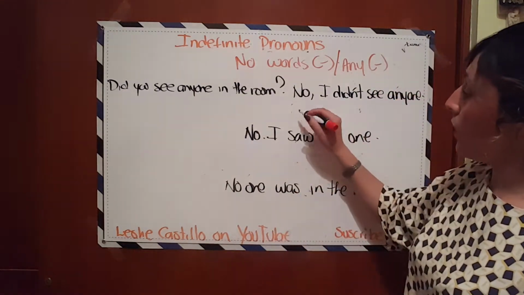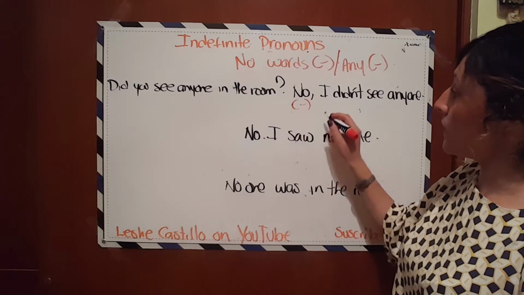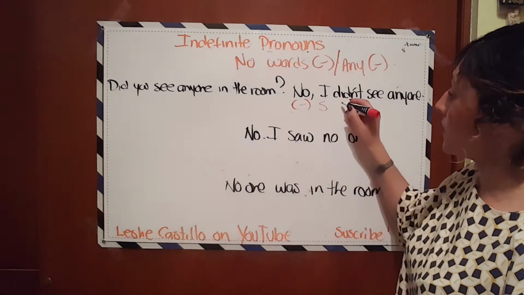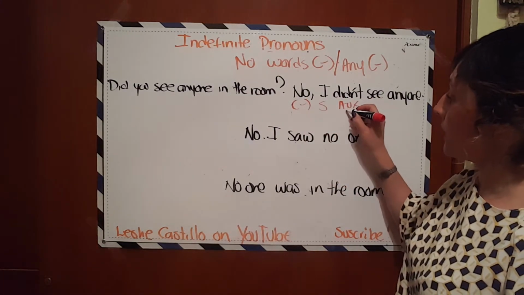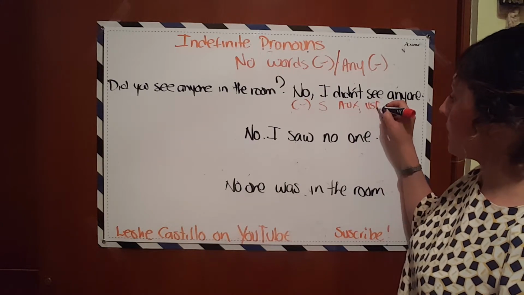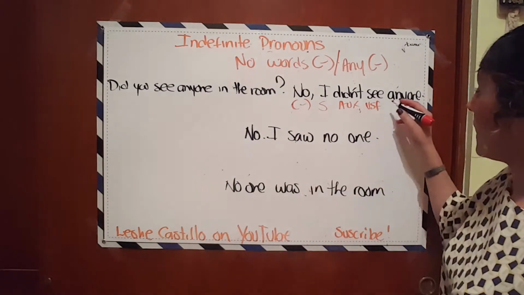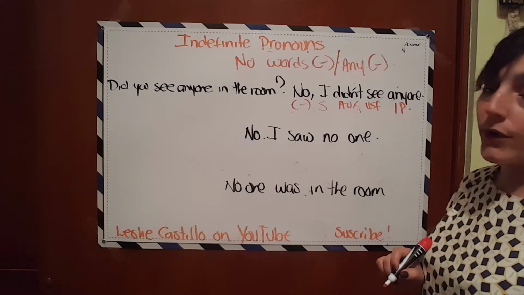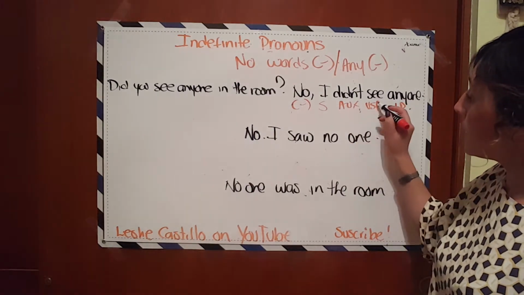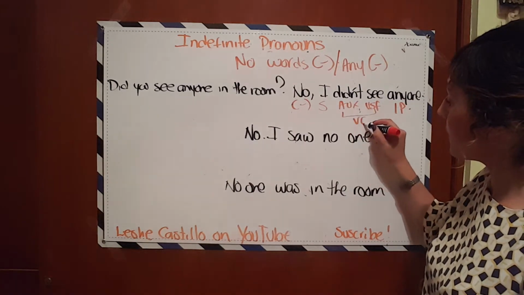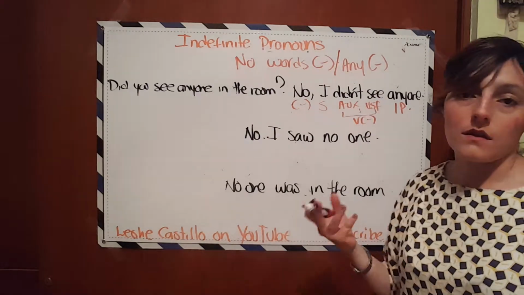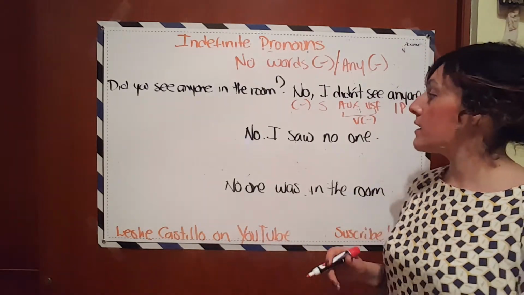So, no is my negative answer. I is my subject. Didn't is my auxiliary. See is my verb in simple form, and then anyone is my indefinite pronoun. So didn't see becomes my verb in negative. All this indicates an action in negative, right?